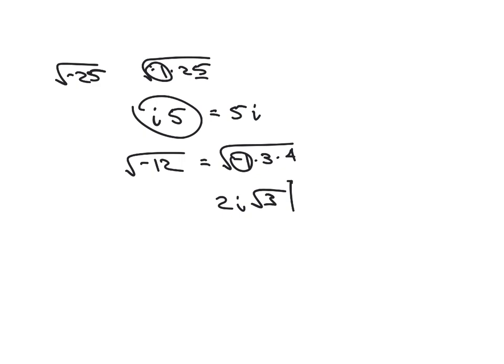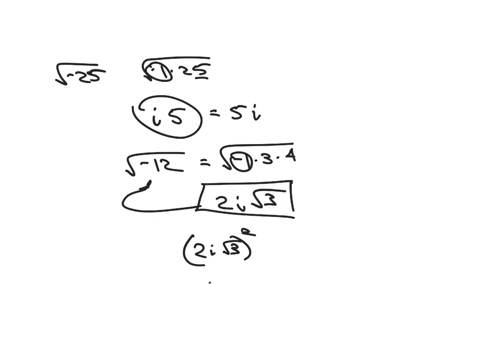Now you can check to see if this equals this by squaring the whole thing. So 2 times 2 is 4I squared, and the square root of 3 squared is a 3, and that equals 12I squared.